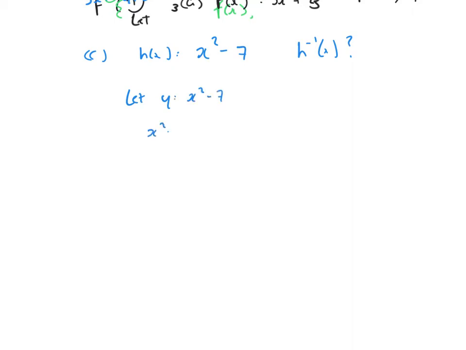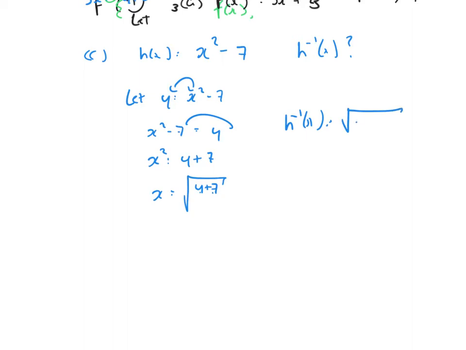We're going to change the subject of the formula to x. x squared minus 7 equals y, so I'll have to swap sides. Bring the 7 across, make it plus. x squared equals y plus 7, take the square root, x equals the square root of y plus 7. So the inverse function is the square root of x plus 7.